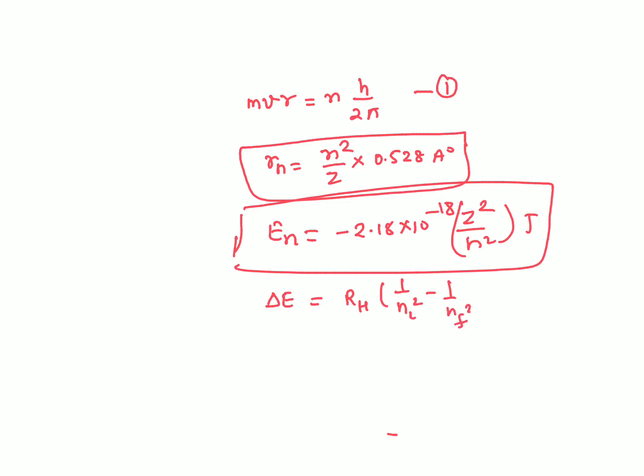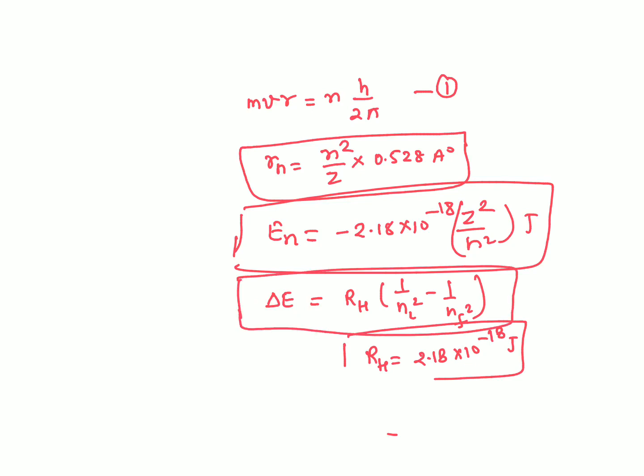First, the energy gap is calculated by using the formula delta E is equal to RH into 1 by n1 square minus 1 by nf square, and remember RH is equal to 2.18 into 10 to the power minus 18 joule. It is the Rydberg constant.